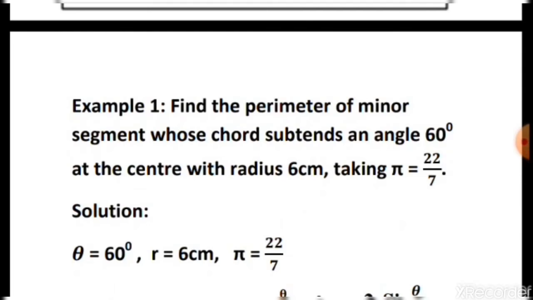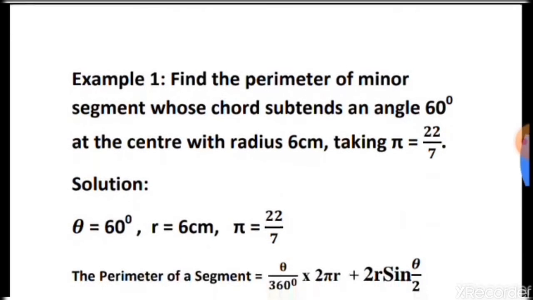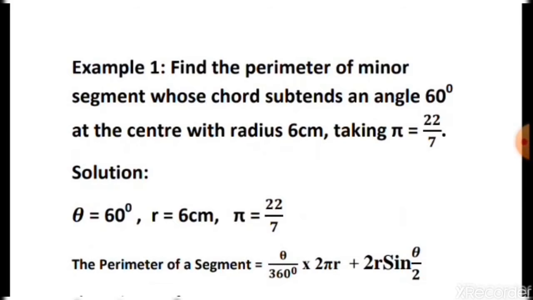The value of theta is 60 degrees, the value of radius is 6 centimeters, while the value of pi is 22 over 7. So we write out the formula for finding the perimeter of the segment. And the perimeter of the segment is theta over 360 times 2 pi r plus 2r sine theta over 2.